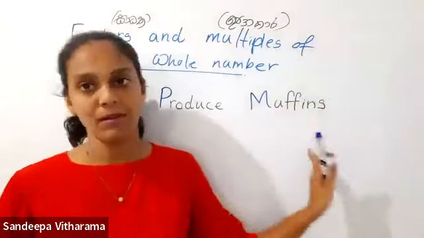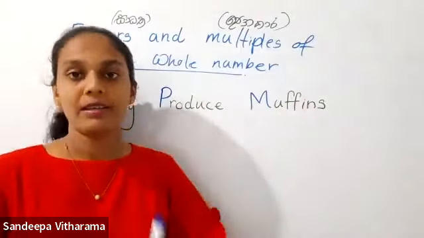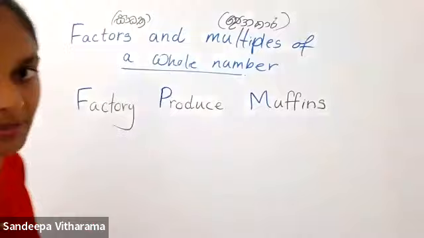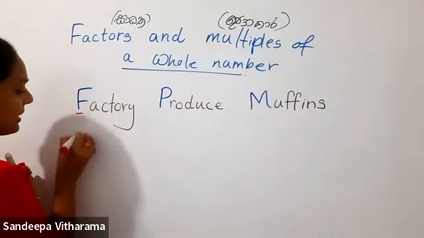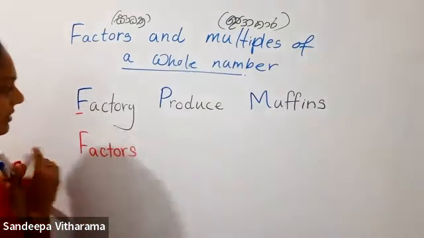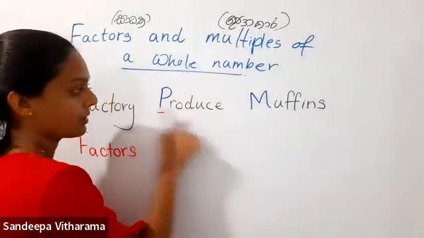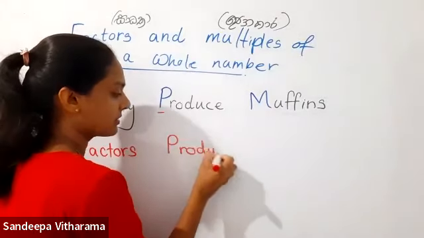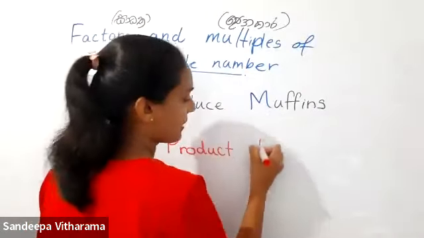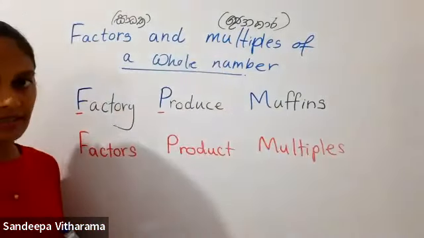Factory produce muffins, okay? Like factory produce muffins, look at factors produce multiples. How does it happen? Instead of factory, I can substitute the word factors, okay? Factory becomes factors. Here, instead of produce, I will write product. Factors, product, then M, that means multiples, okay? We can remember it like this.